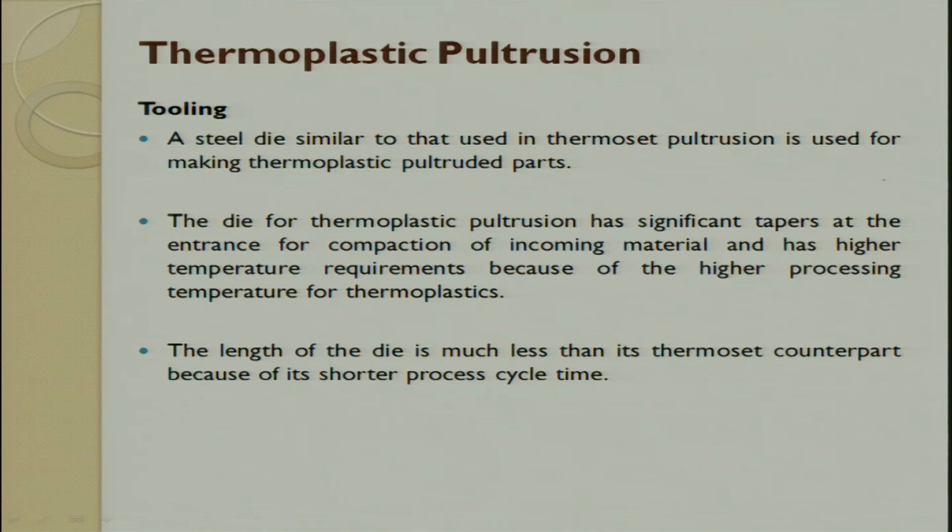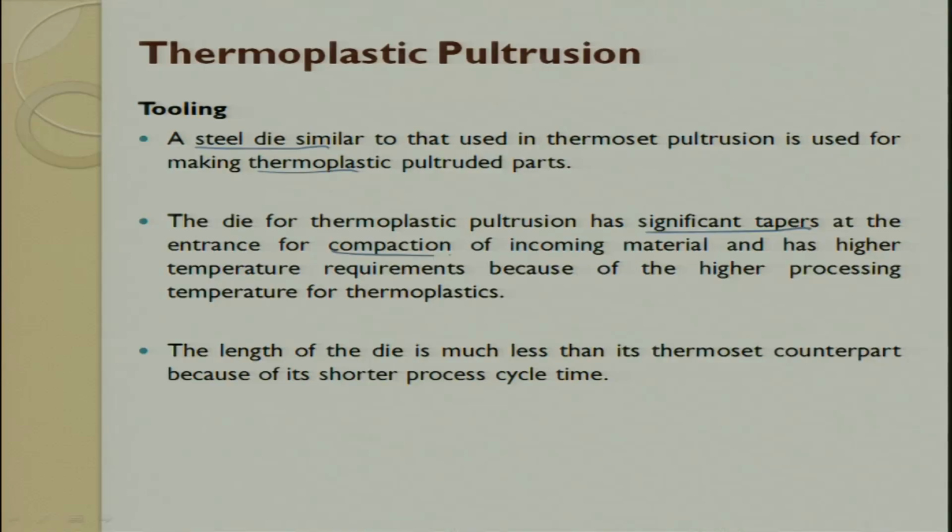So, what are the toolings? The steel die, which is very similar to that of Thermoset pultrusion, is used here in thermoplastic. The die of the thermoplastic extrusion has a significant taper, because you have to consolidate and then you have to get the output. So, we always have a taper, at the entrance, for compaction of the incoming material.